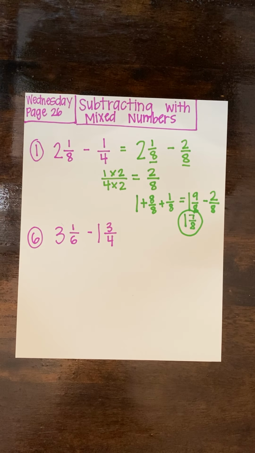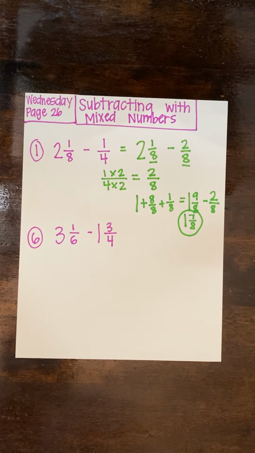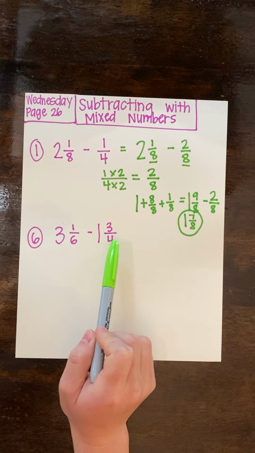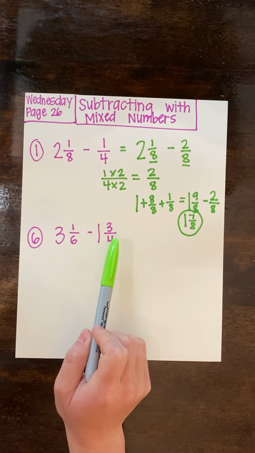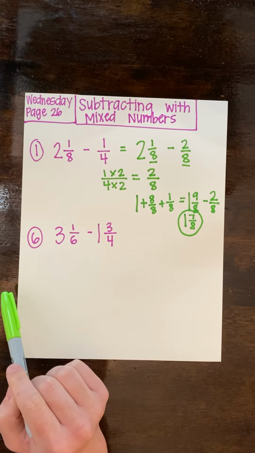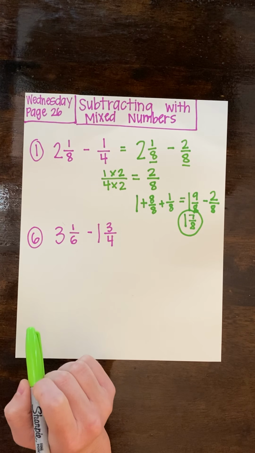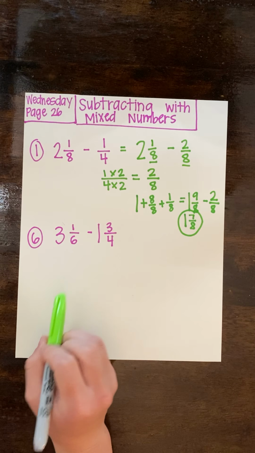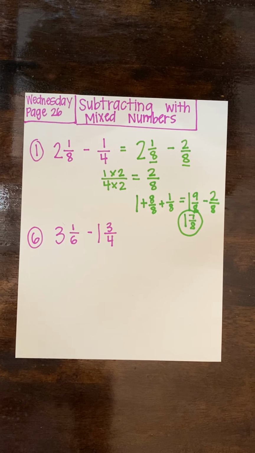Now let's look at number 6. I have 3 1/6 minus 1 3/4. I know that I cannot multiply 6 times any whole number and get to 4, and I cannot multiply 4 by any whole number and get to 6. But I can come up with a multiple of both of these numbers.